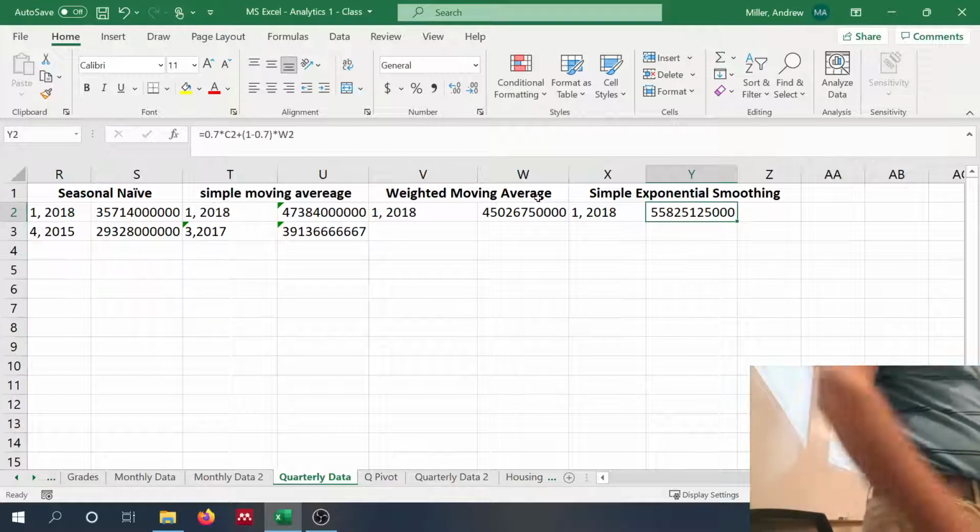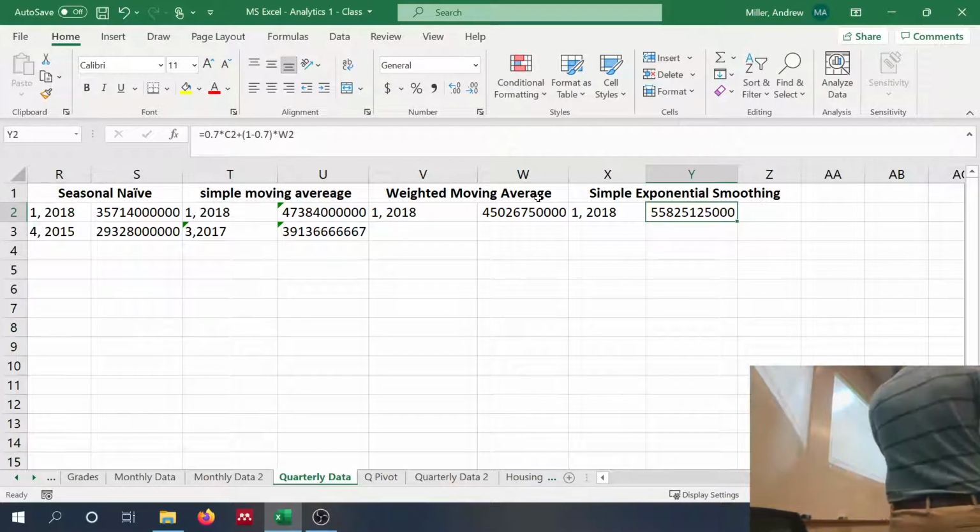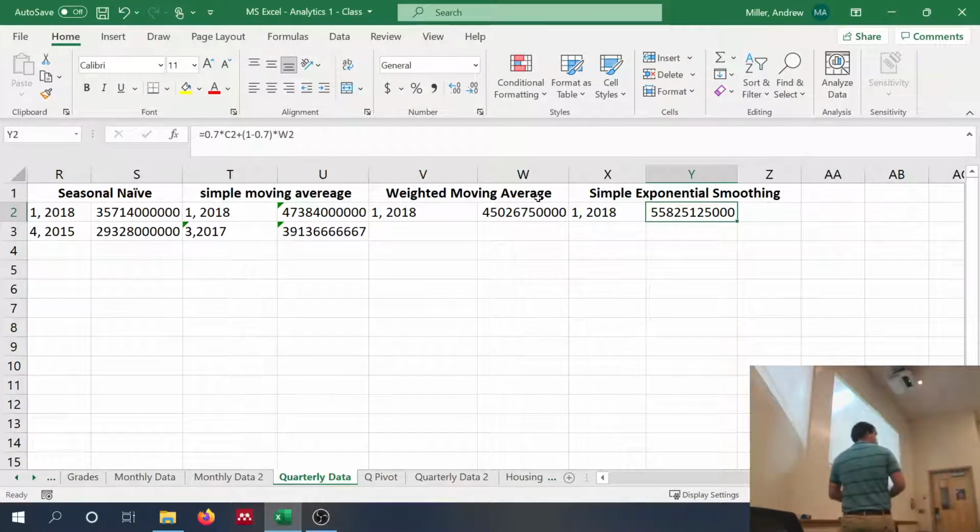Sure. Like I say, take your alpha, multiply it by the previous value, and then take 1 minus alpha, and multiply that by the previous forecast. And you add those two values together. Any questions?